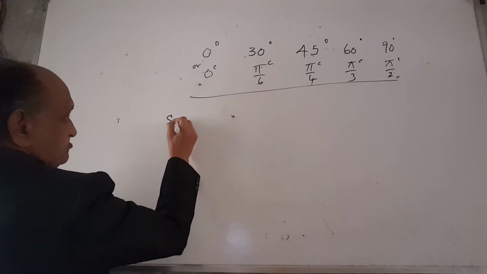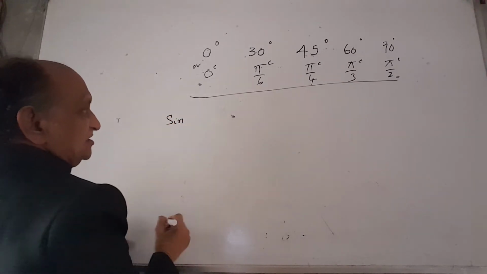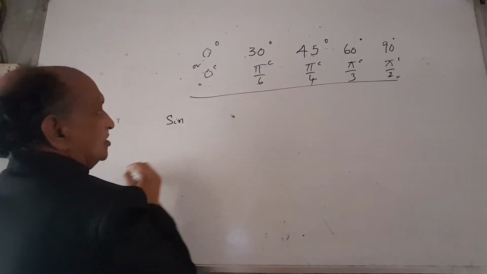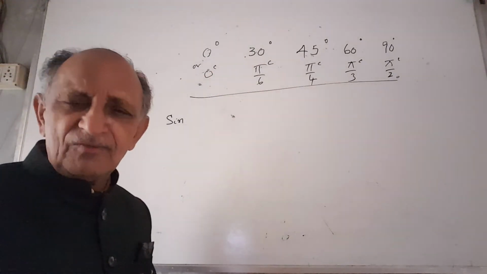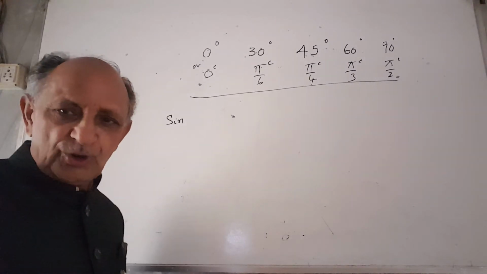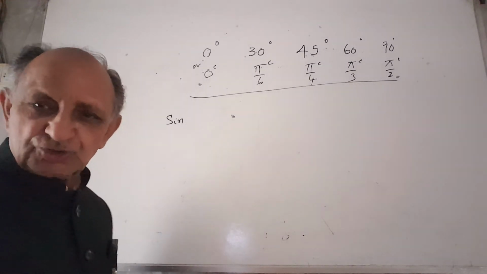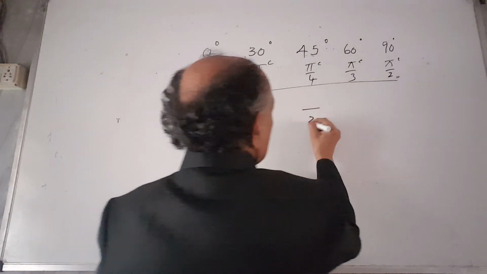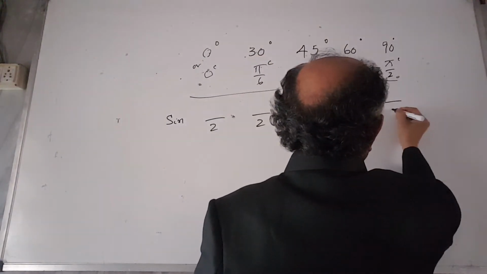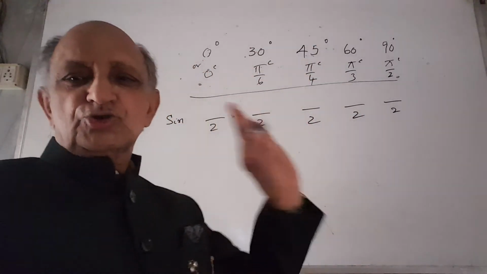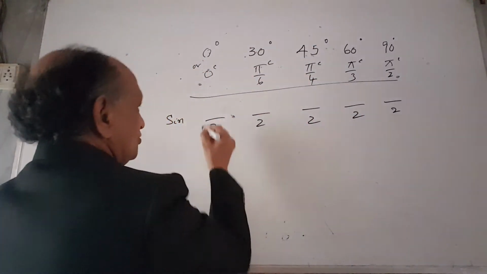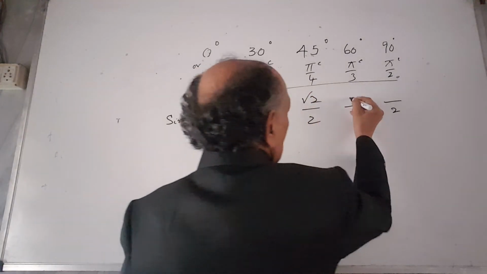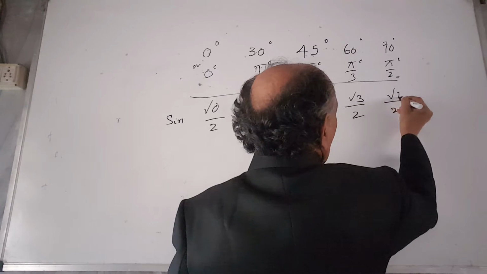Sine theta, sine 0, what is the value? Just see how to remember it very easily. You cannot mug up all the 15 values. Just see here, by 2, by 2, by 2, by 2, by 2. All values by 2 I wrote. Then root 0, root 1, root 2, root 3, root 4.